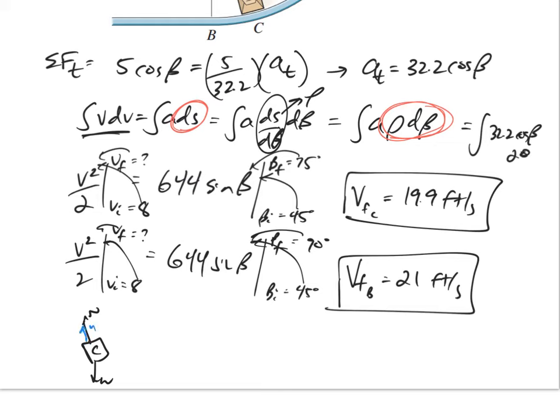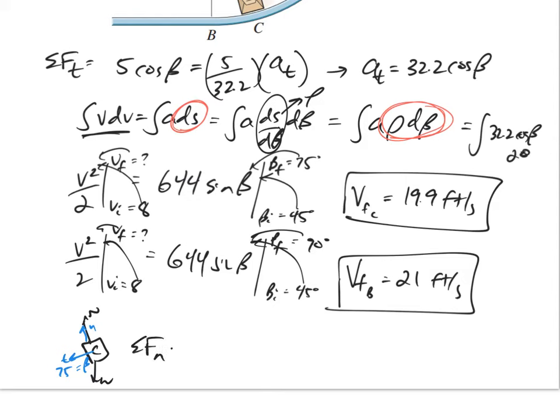And again, this is normal, this is tangential. This angle would be a beta, but that angle would be 75. If I'm only interested in something at one specific point, I can plug in that angle of 75 degrees.